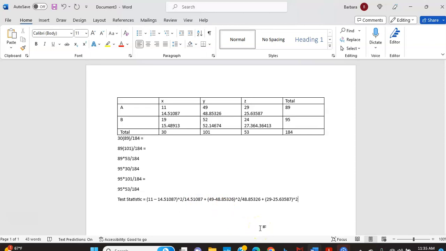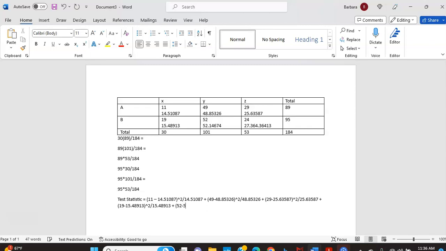That might make things a little bit easier. Divided by 25.63587. And then we're going to do the next row, 19 minus 15.48913 squared, except I can't type apparently, divided by 15.48913.